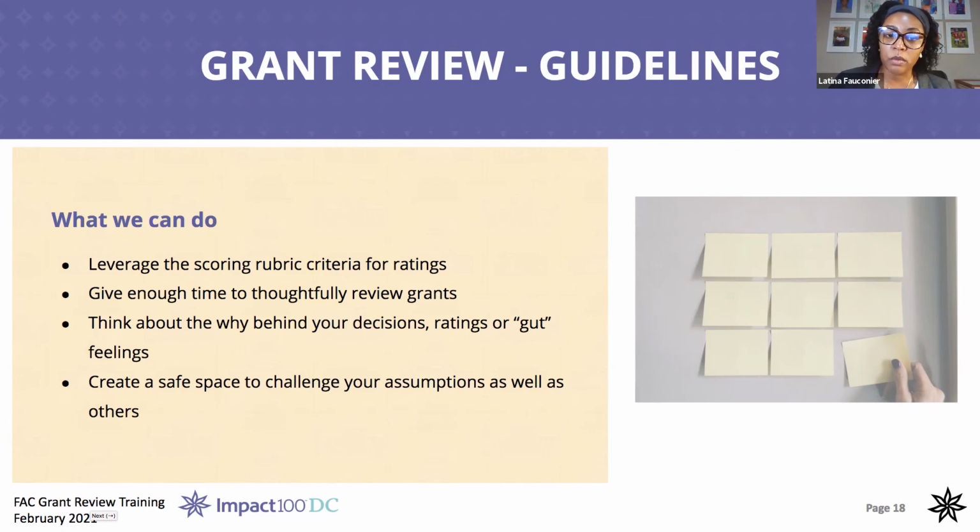We've put together the scoring rubric to try to provide guidelines that may help you in that scoring process. So really, think about that scoring rubric, rely on that as a basis for identifying your scores. And then really check your gut feelings. If you have that natural tendency to gravitate towards something, stop and ask yourself why.